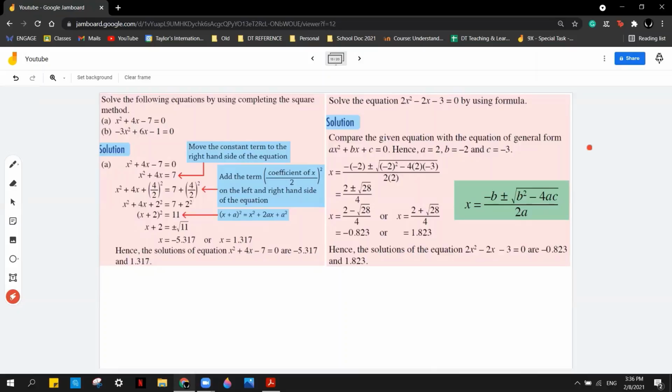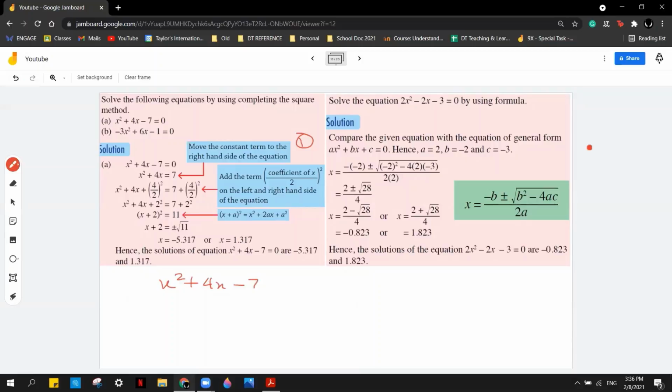The first step is always to move the constant term to the right hand side. This eases a confusion for a lot of students, because some schools or teachers will teach it where you bring both sides together and solve it just on the left hand side, which I don't quite prefer.